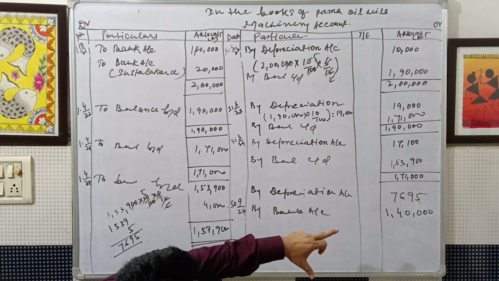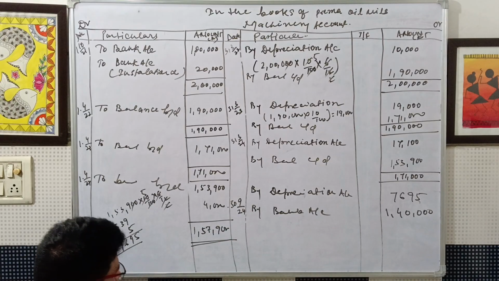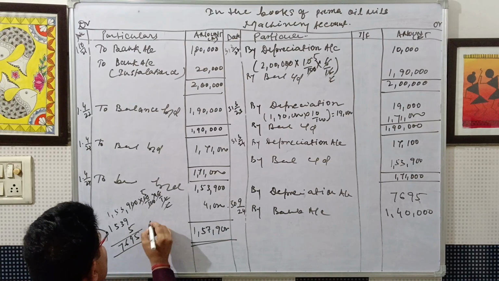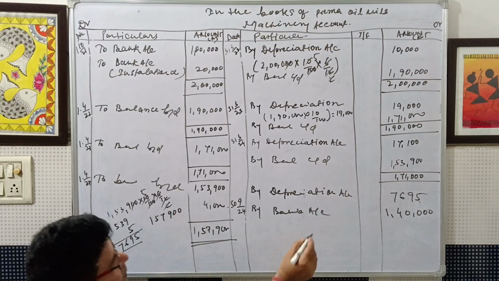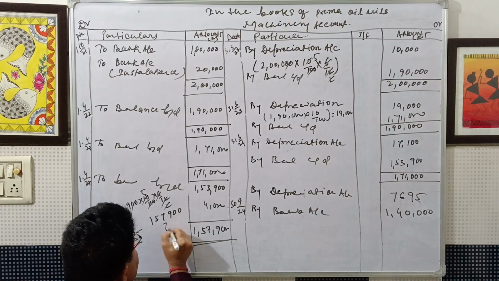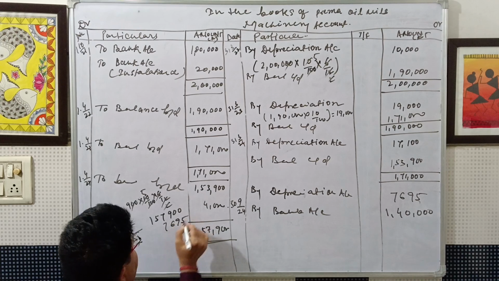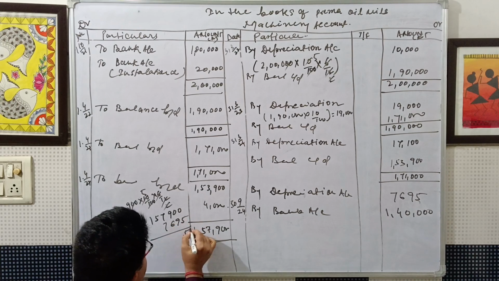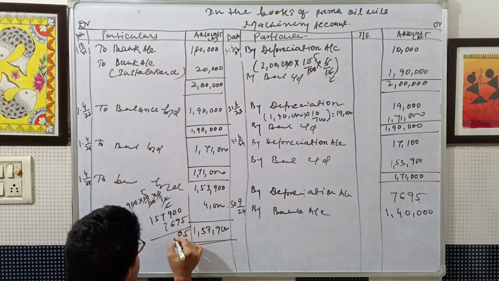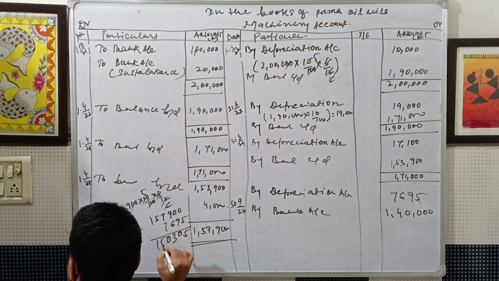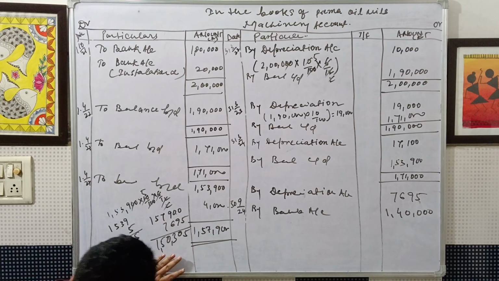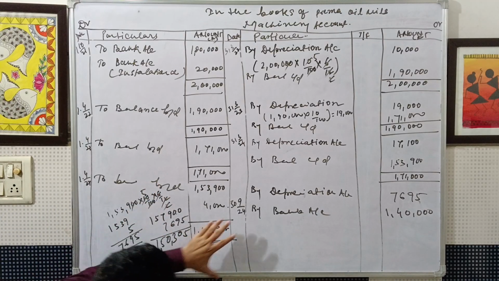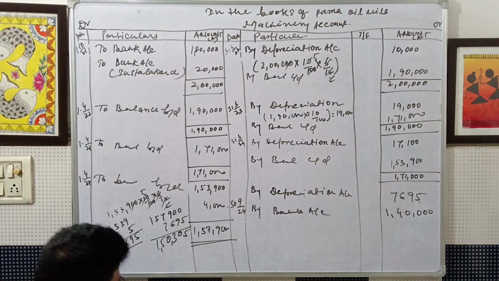And depreciation charge is 7,695. So 1,57,900 minus 7,695 gives 1,50,205 as the actual machine value on 30th September 2024.